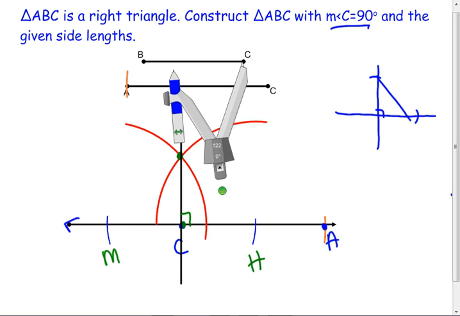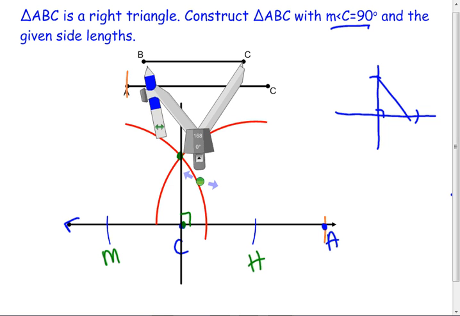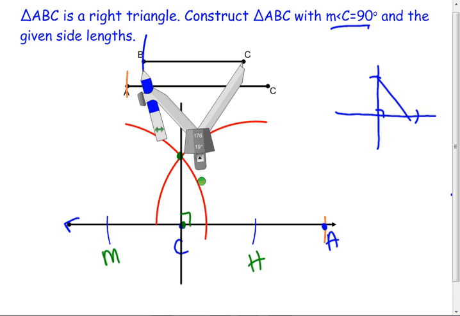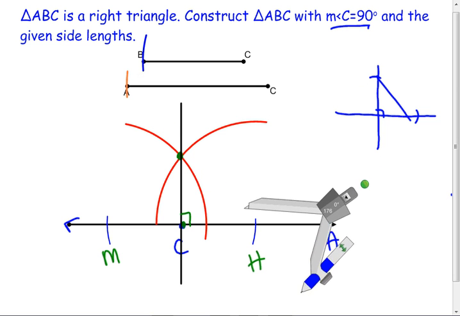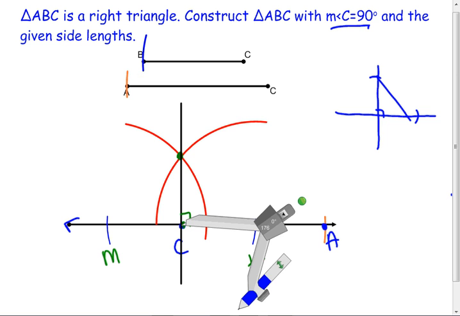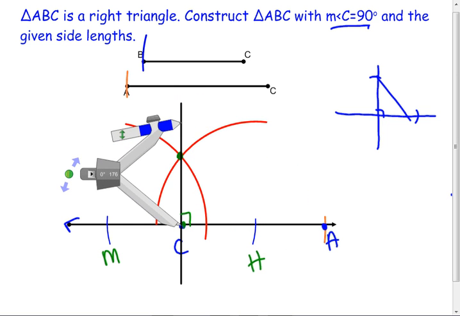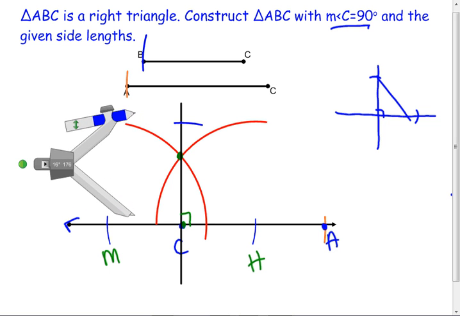And I measure from C to B. And now, keeping the same compass setting, I'm going to put this on C. Then I could draw the whole circle if I want, but I only need this length right there. And so guess what? That's letter B. There's only one answer because you can only get the same triangle given these conditions every single time you do it.